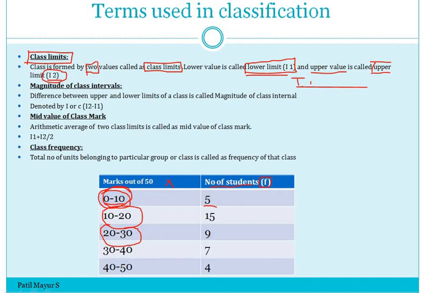Similarly for 10 to 20, the lower limit becomes 10 and the upper limit becomes 20. Here the lower limit becomes 20, upper limit becomes 30, like this. So these are called class limits.